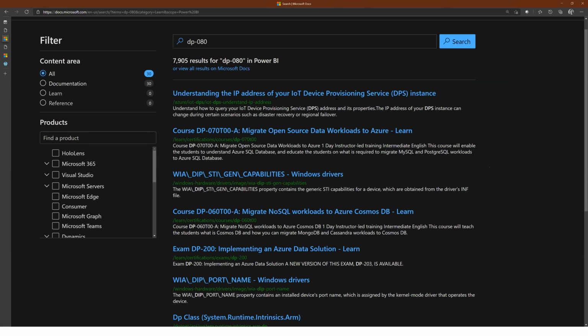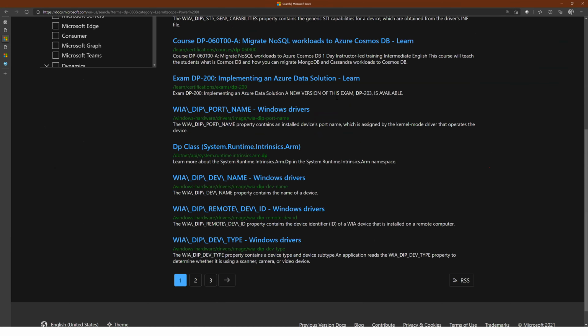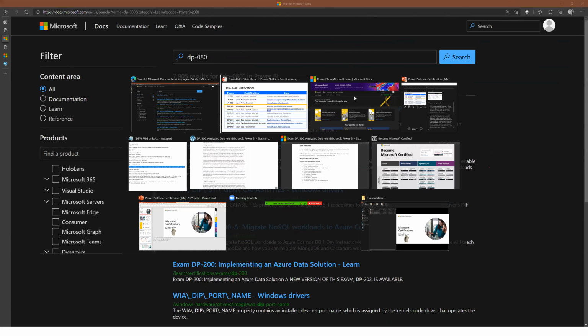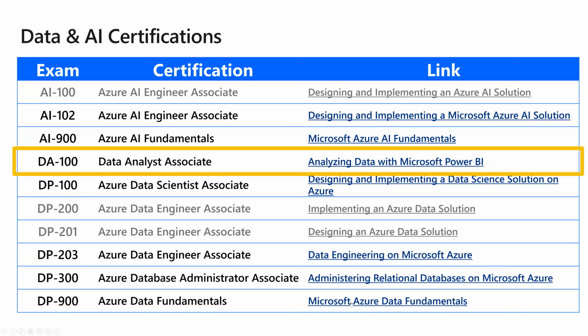But as far as looking at my career, what I have on my roadmap is the data fundamentals, and then the database engineer or admin associate. Those are the next two that I have coming up. That's just to advance and prove my skills as a data analyst, and my skills with SQL and database design.